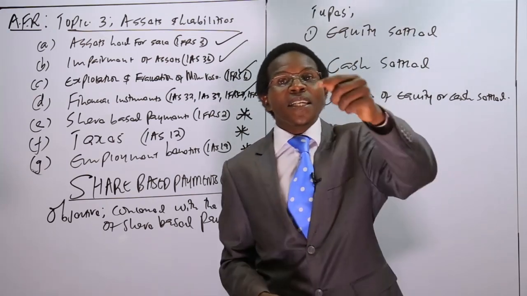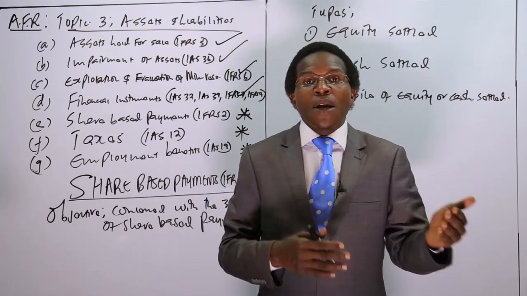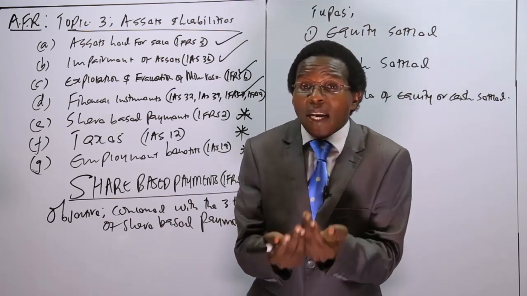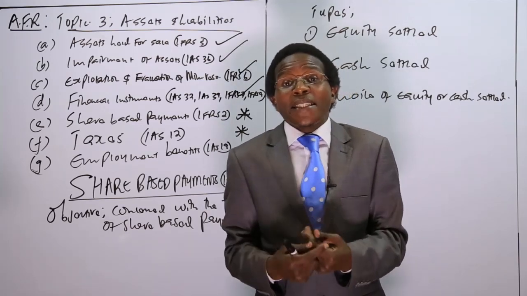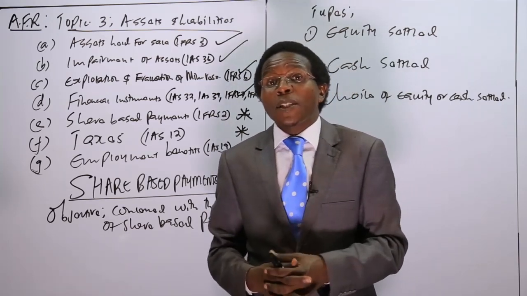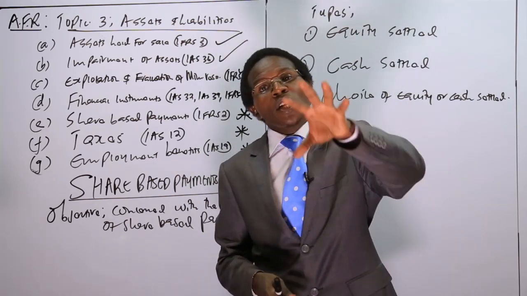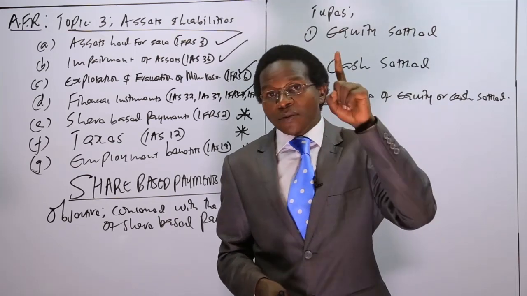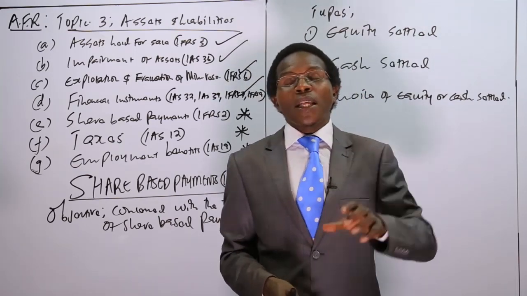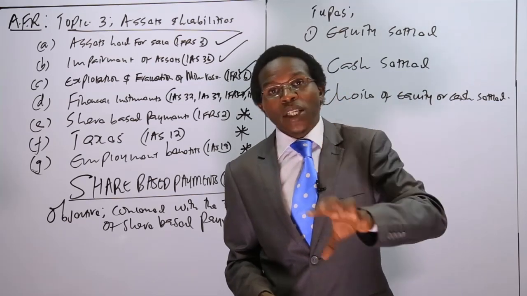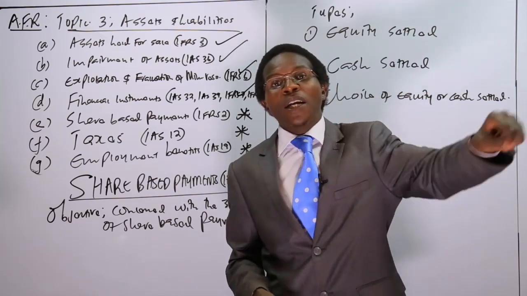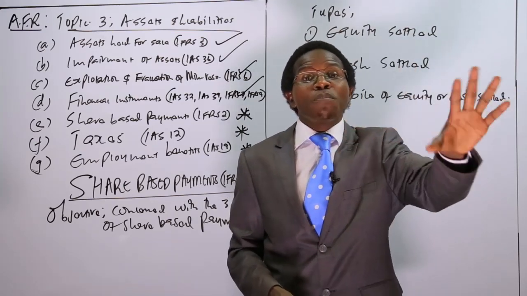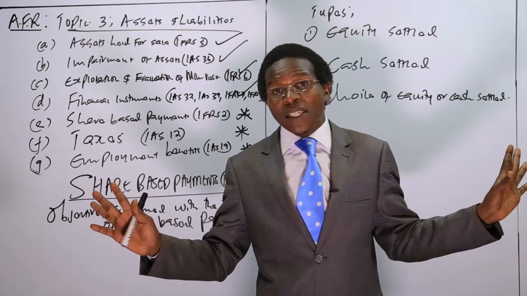The grant date is the date we have agreed between the providers of goods and services and the entity, the date the share-based payment agreement was reached. So equity settled will only be measured based on the fair value at the grant date. And it will not be adjusted. The pricing will not be adjusted.